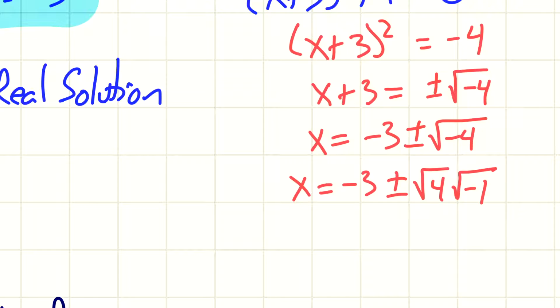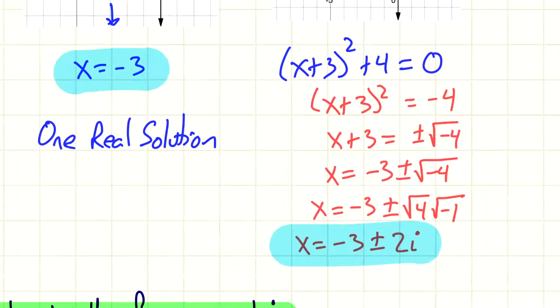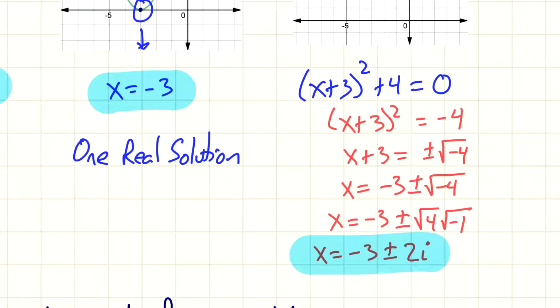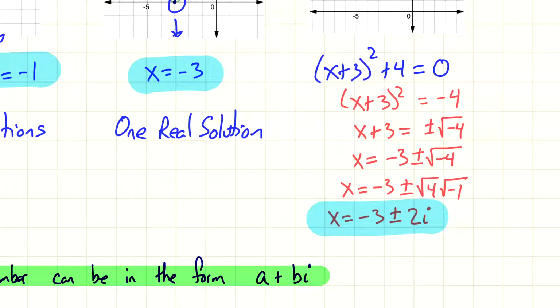That means we could simplify this to negative 3 plus or minus 2 times i. All right, so now we have two solutions. I'm not going to separate them here, but we have two complex solutions, or roots.